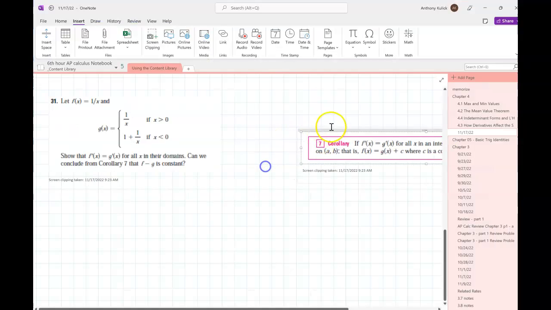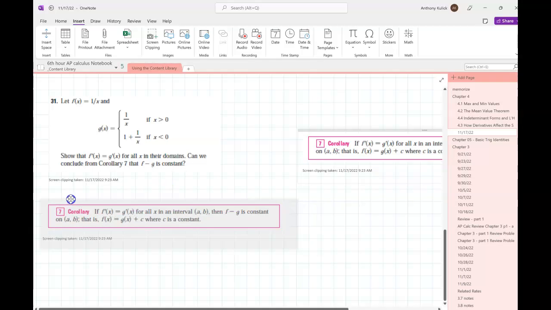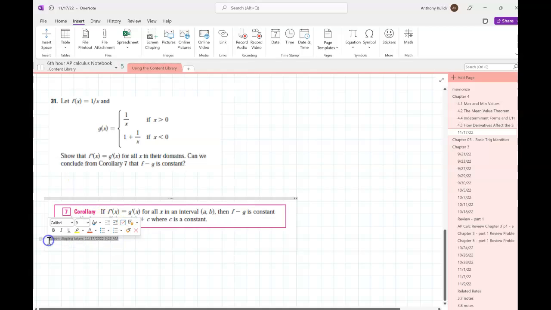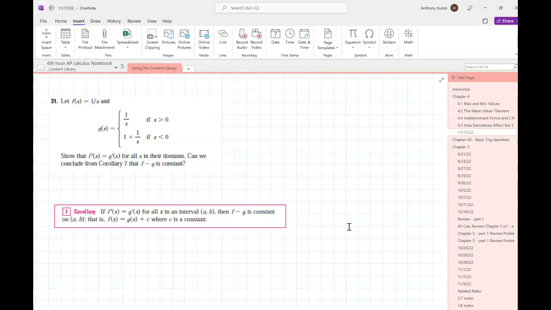So corollary 7 says if f prime equals g prime for all x in the interval ab, then f minus g is constant on ab. Thus, f of x is equal to g of x plus c, where c is constant. Okay?